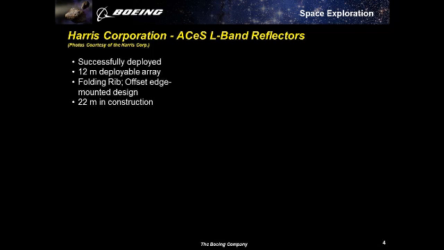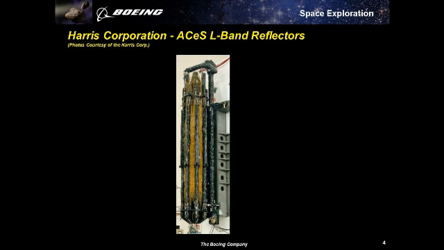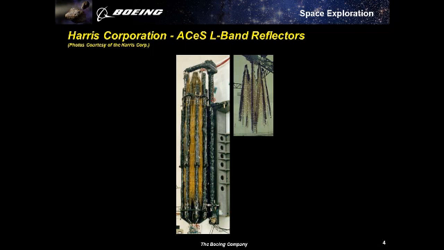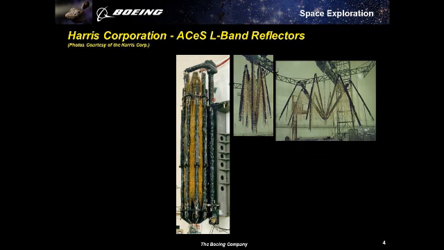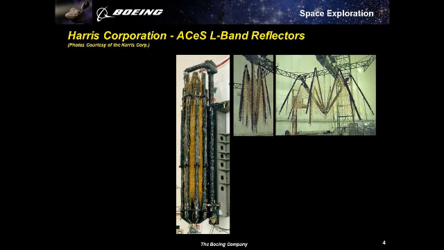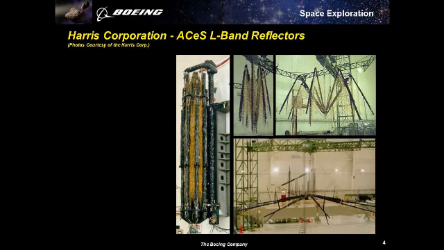Boeing teamed with Harris primarily because of its expertise in large deployable structures. Seen in these photographs is the reflector that was fielded by Harris for the ACeS commercial communications satellite that is currently in operations on orbit. The type of reflector that you see being deployed here is 12 meters in diameter in the final deployed configuration.